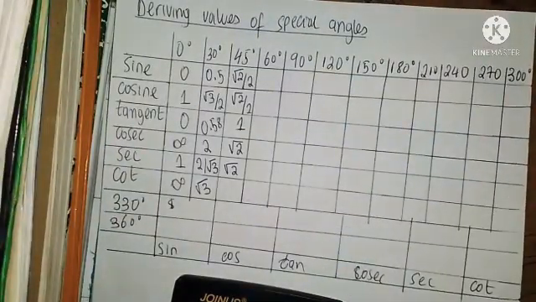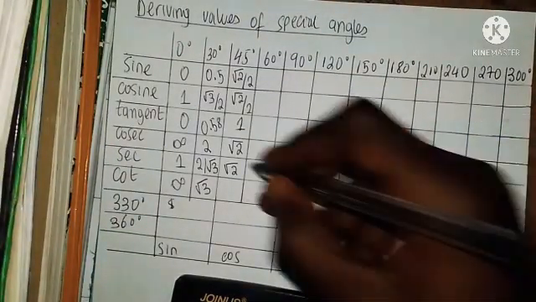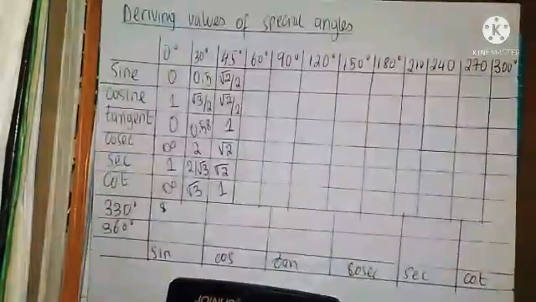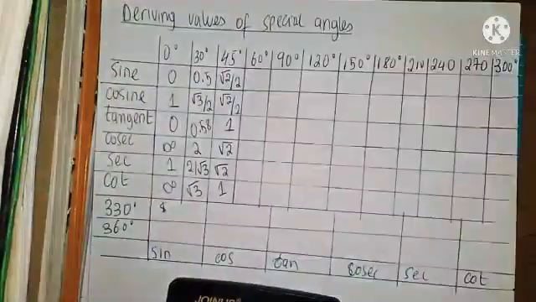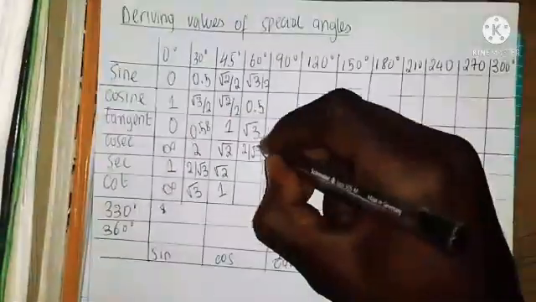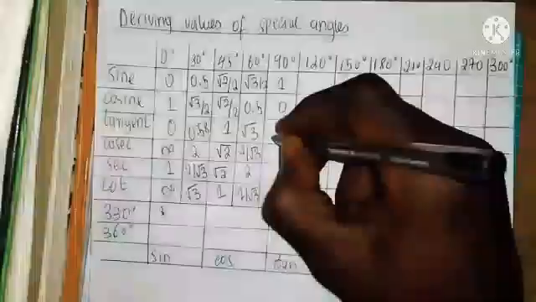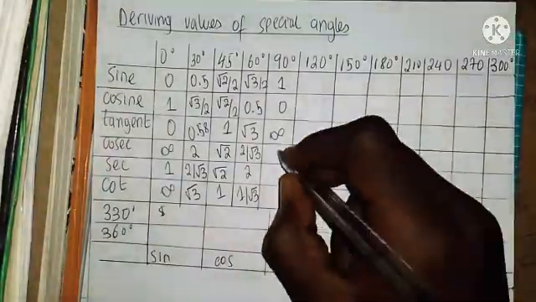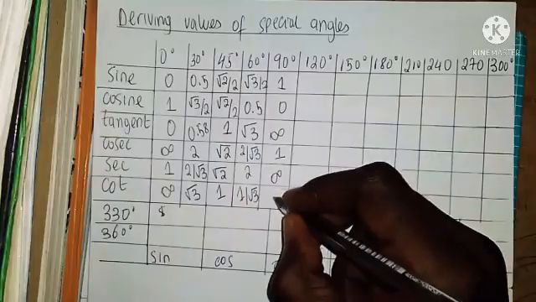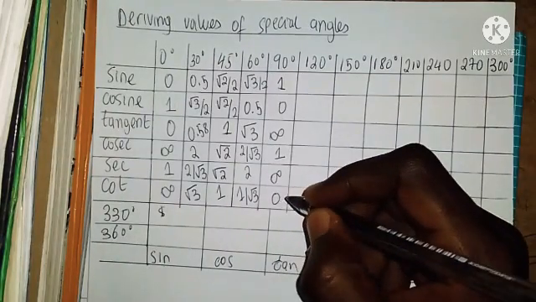For cot of 45, we still get a 1. So I'll try and fill these two remaining columns here a little bit faster. We're going to have a 0. Yes, we're going to have a 0.